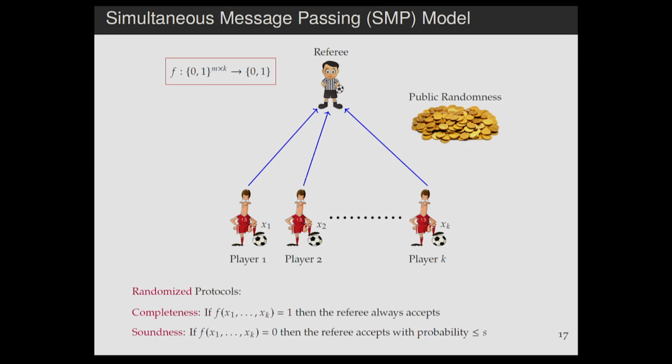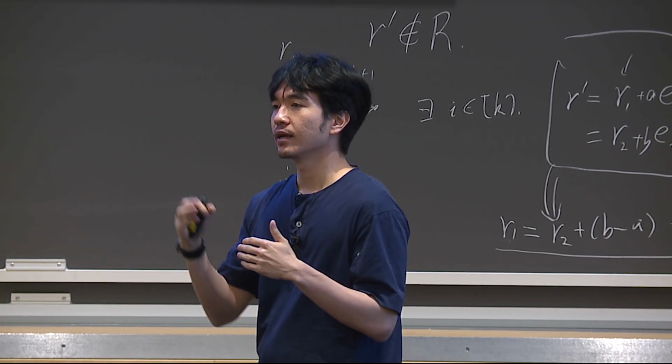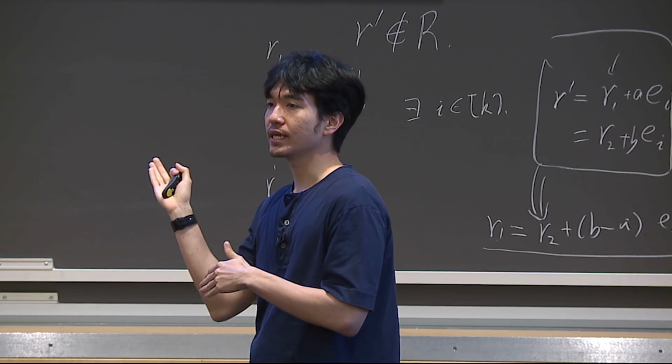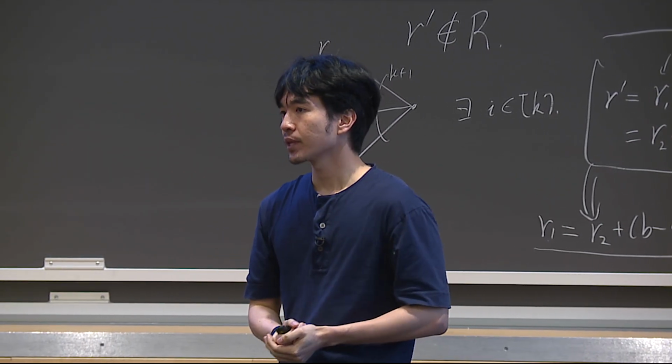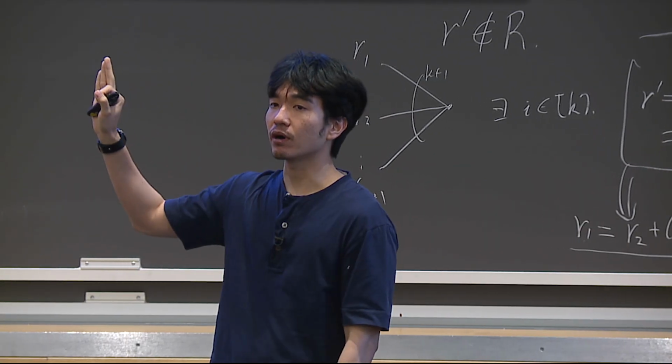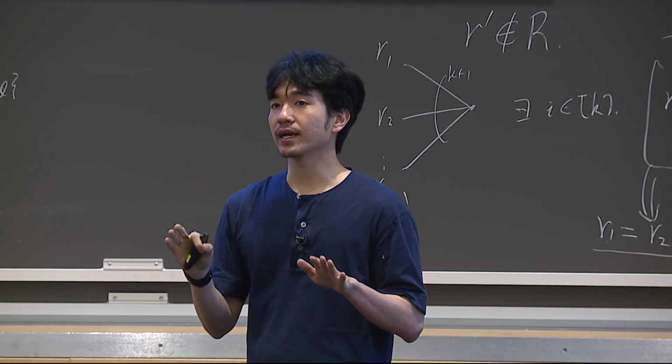In one of the protocols that we will use, we will in fact use an even more advanced version of this. But before I go there, let me just mention one thing very quickly. There is a big difference between the communication protocol that we use here versus a standard PCP machinery. Because here in the communication protocol, we assume that everyone follows the protocol, so there is no one that is trying to cheat.